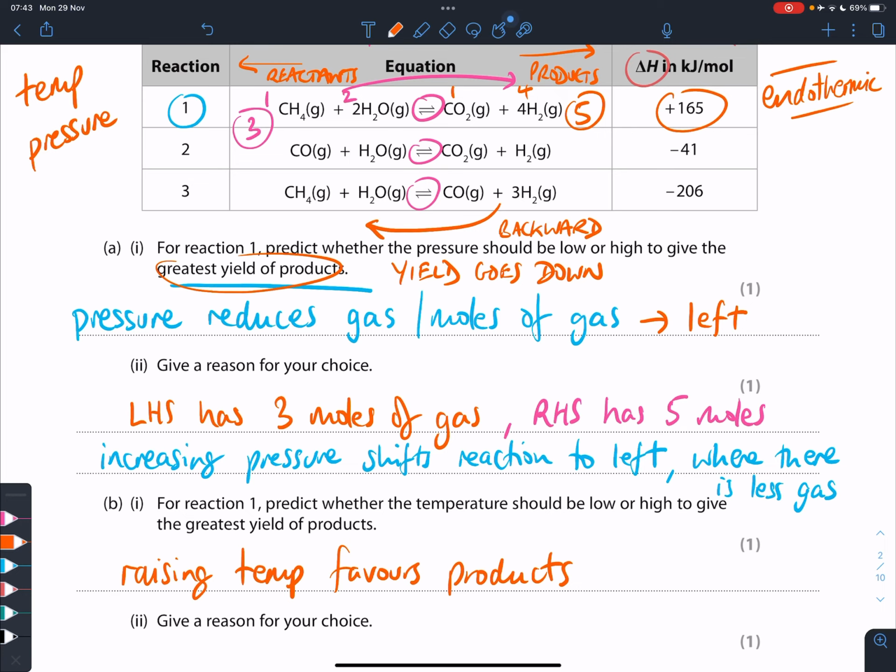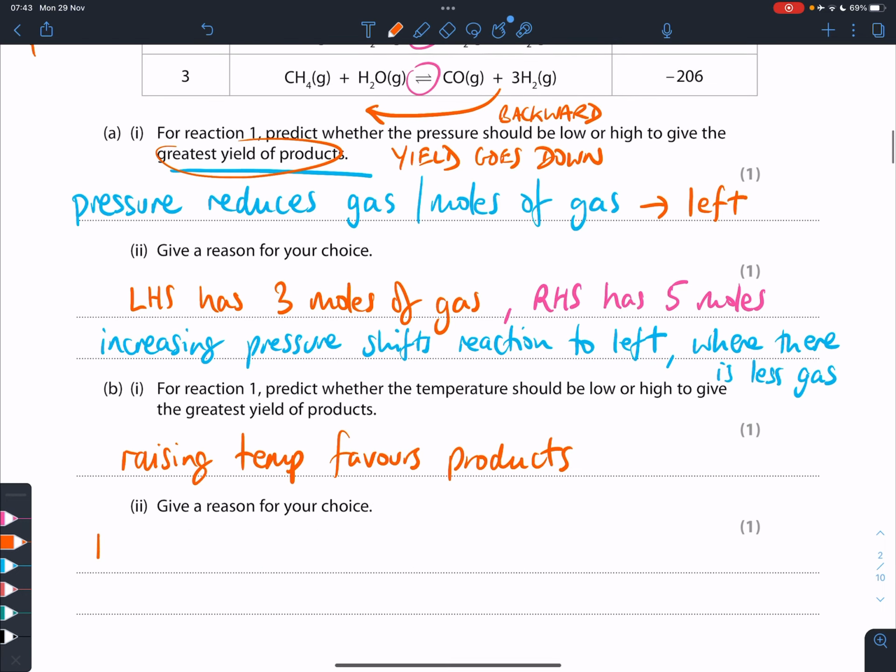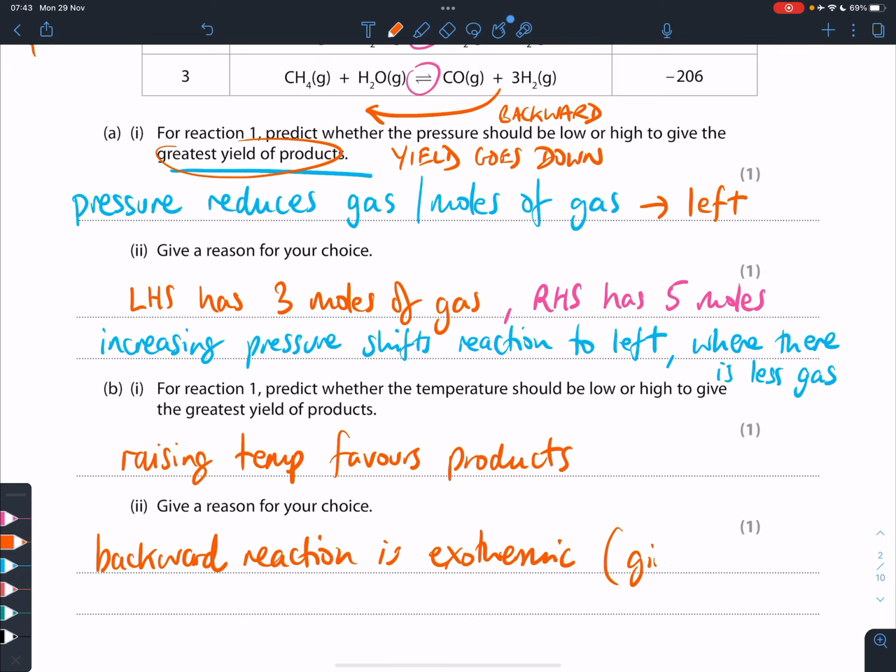The backward reaction is exothermic. So that gives out heat, and the forward reaction is endothermic.